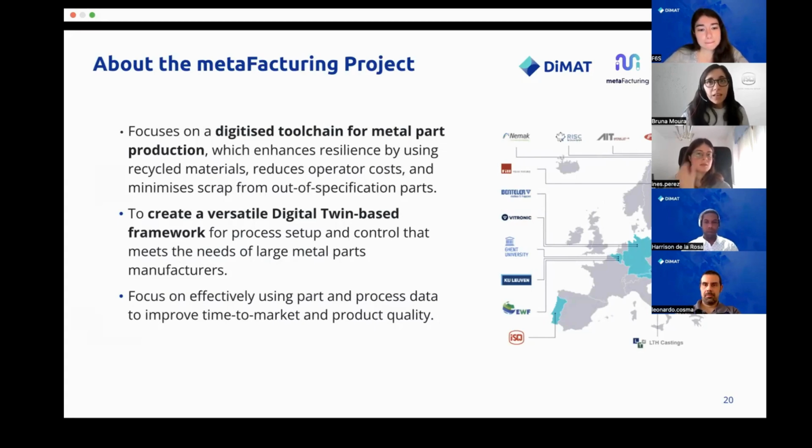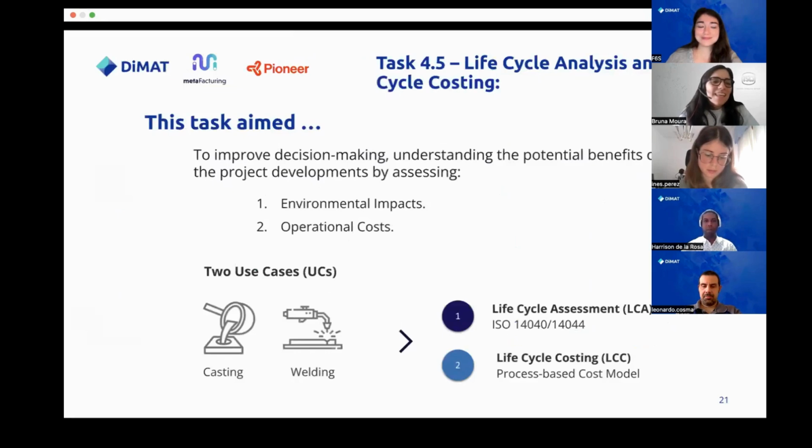The vision here is to create a versatile digital twin-based framework setup and control that meets the needs of large metal parts manufacturing. So basically it focuses on effectively using parts and process data to improve time to market and also product quality. So next slide, please.